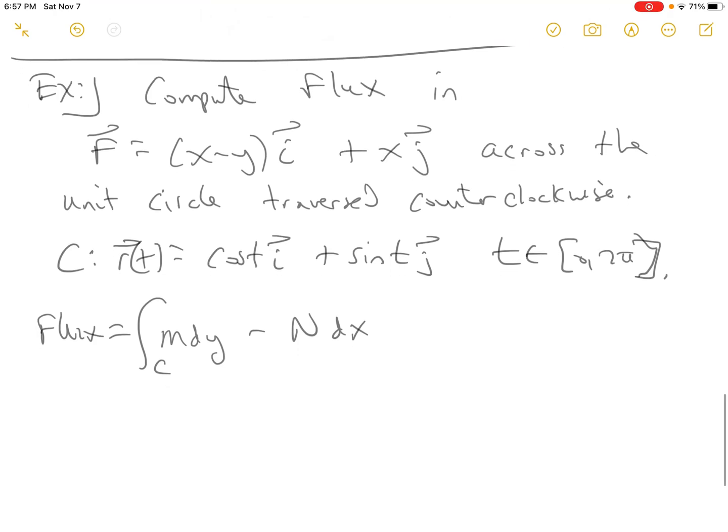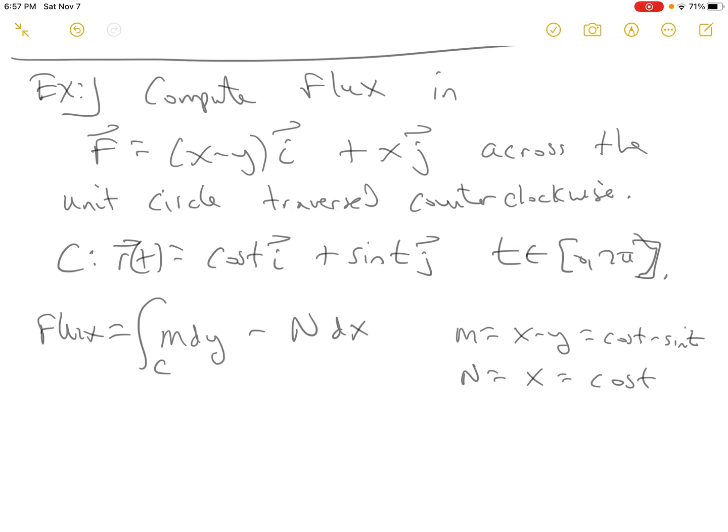Okay, so what's M? M is x minus y. What's N? N is x. And so when you plug in the curve, x minus y is cosine t minus sine t. And N equals x, which is cosine t.